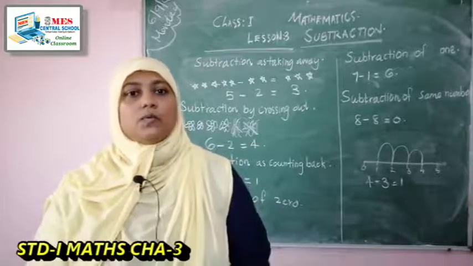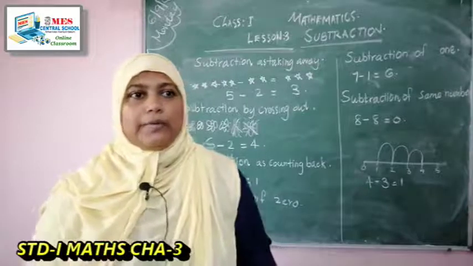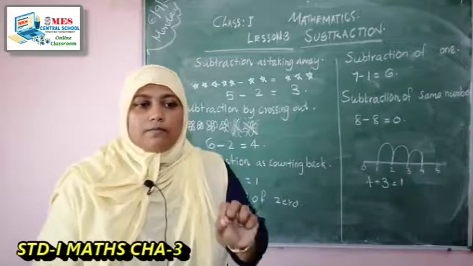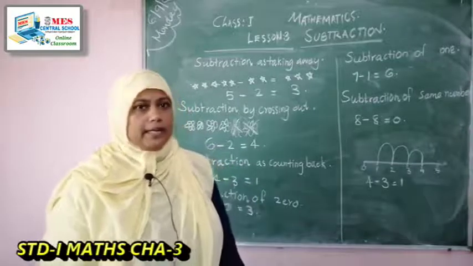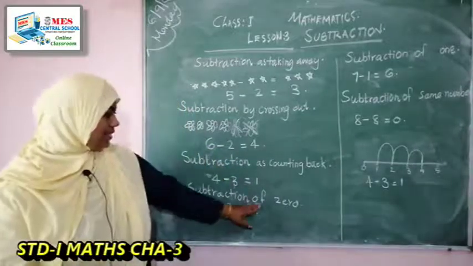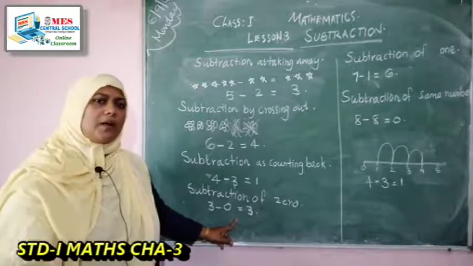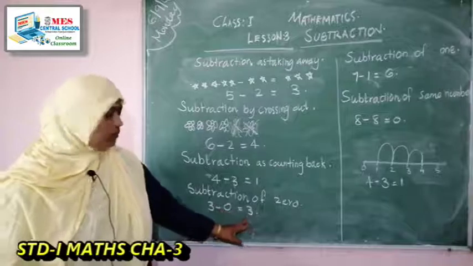All 5 are with you. If nobody has taken any from you, it is full with you, 5 with you. Okay, so that is the 0. 5 minus 0 is equal to 5. Here 3 minus 0 is equal to 3.